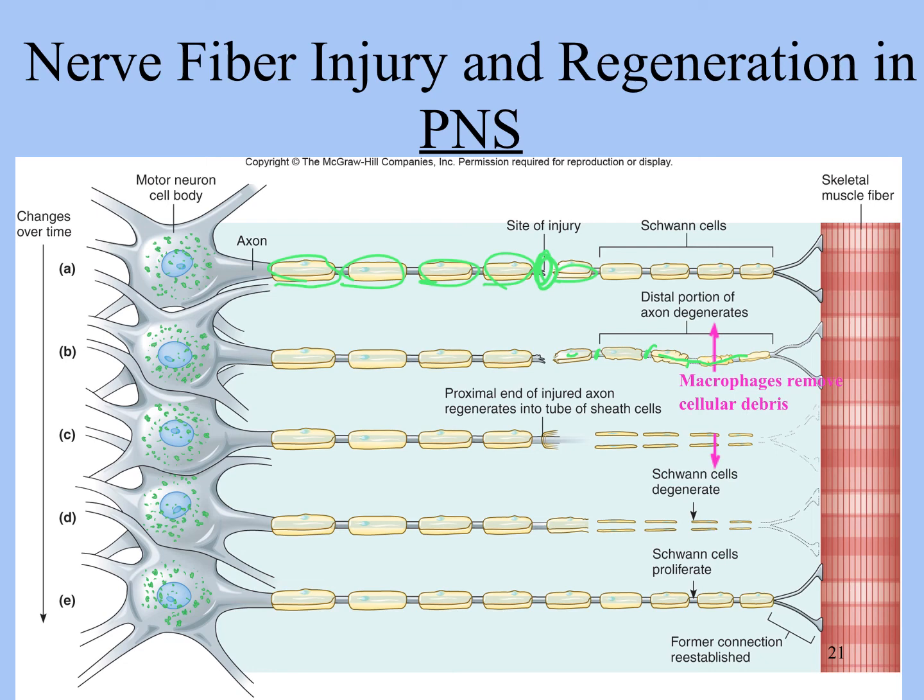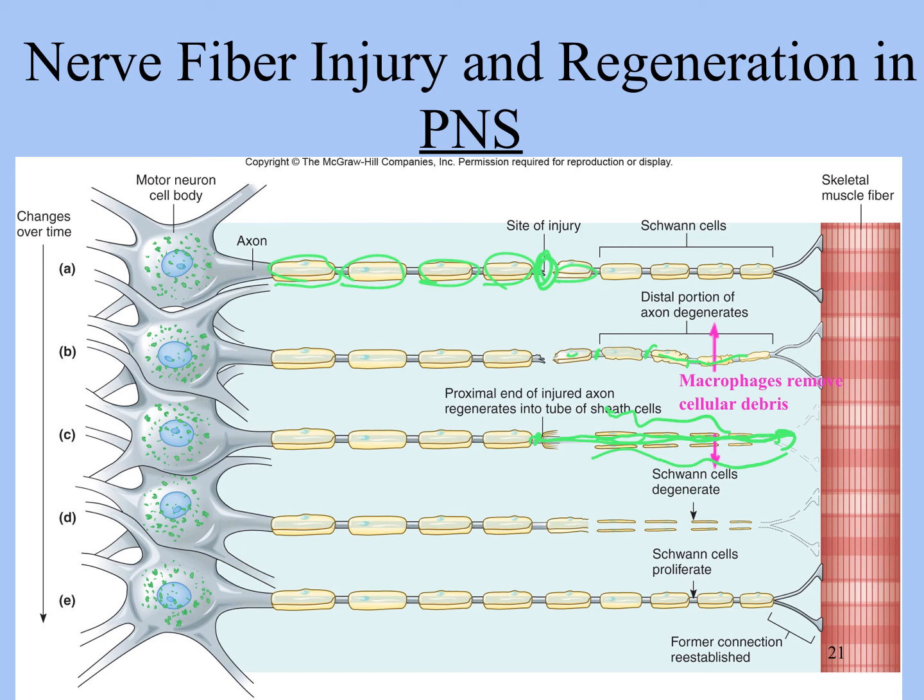All right, so then what will happen is that the proximal end of that neuron may be able to start regrowing through the sheath that these Schwann cells leave behind, even though the myelin's gone, the Schwann cells might still be there. They grow through this sheath that the Schwann cells left behind, and all the other connective tissue that's surrounding it left behind, and it can still grow back to its target.